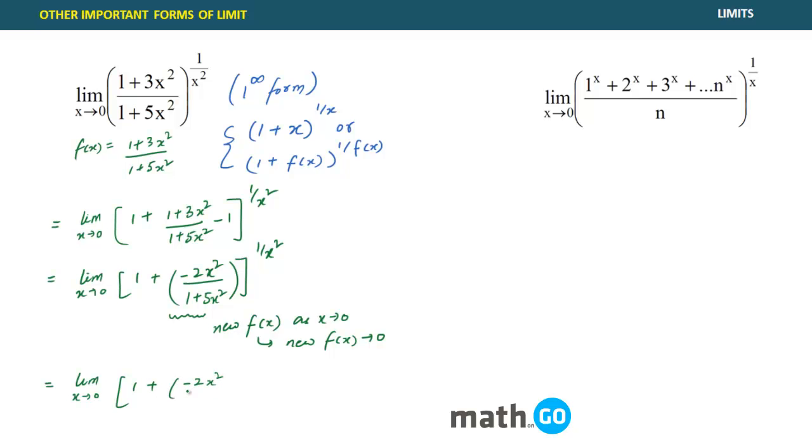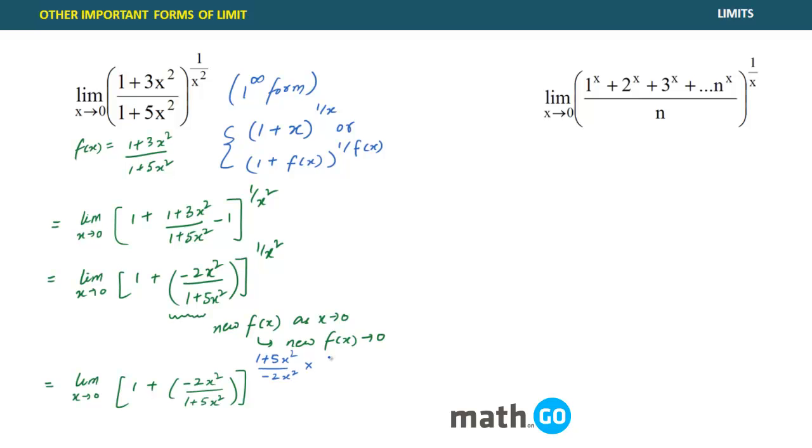This is your new f. Now you required that the reciprocal of this function should be in the power, so you wanted something of this sort: 1 plus 5x square upon minus 2x square here, right?